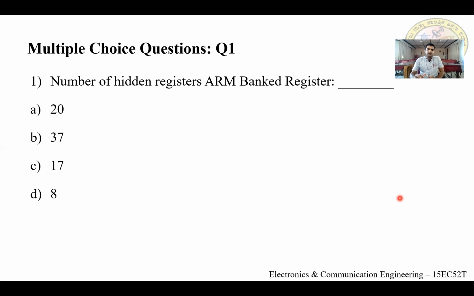You can think of the answer for this. In ARM7, we have a total of 37 registers. Out of those 37, 20 registers are hidden at different points. These are called banked registers. Therefore, the answer is 20.